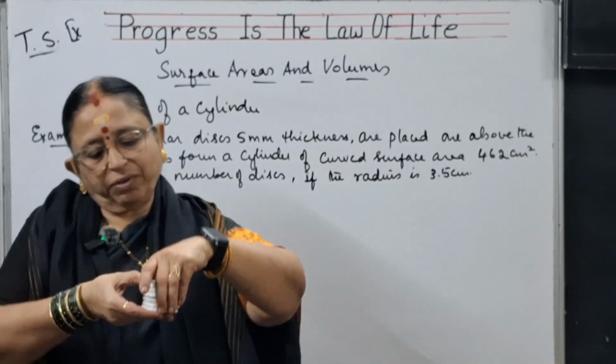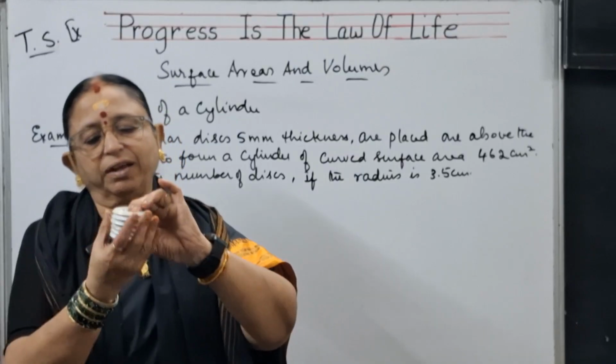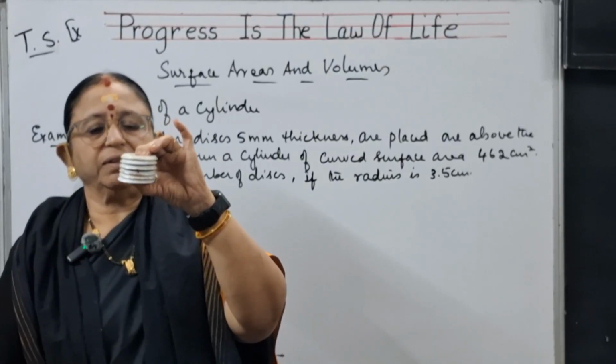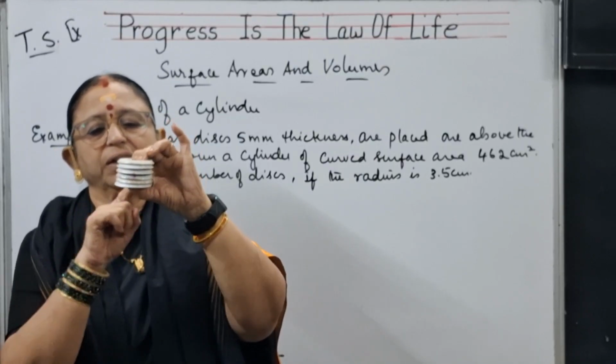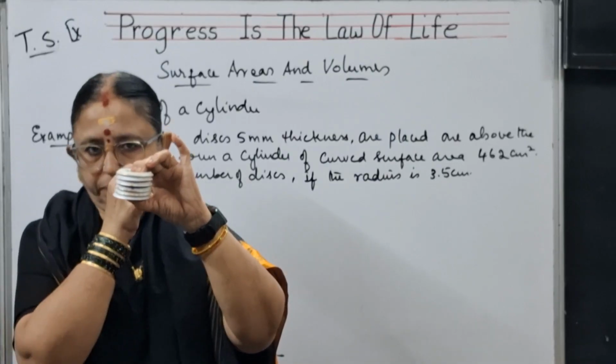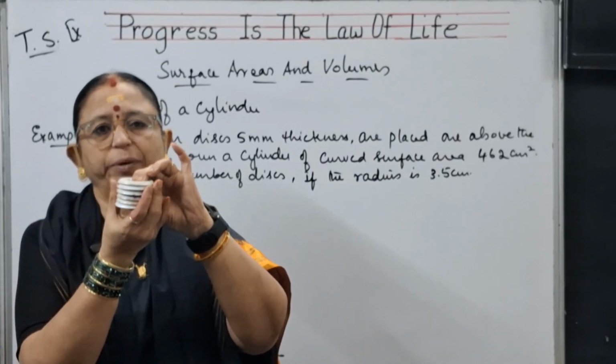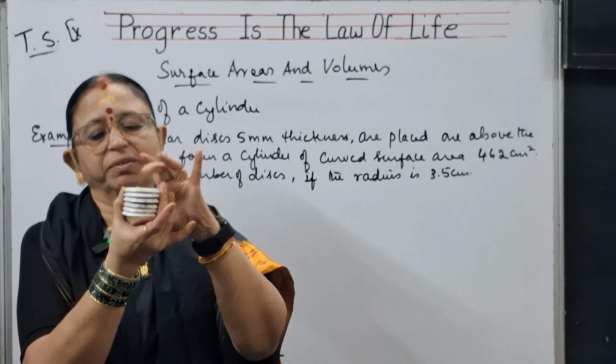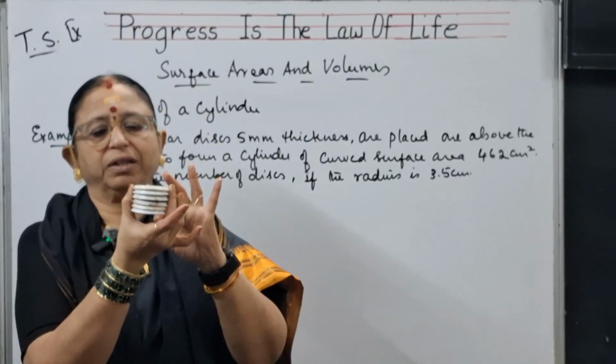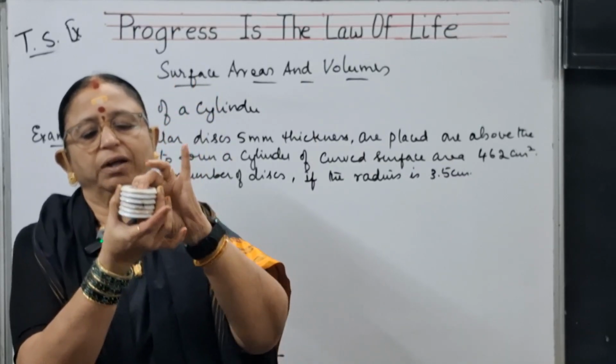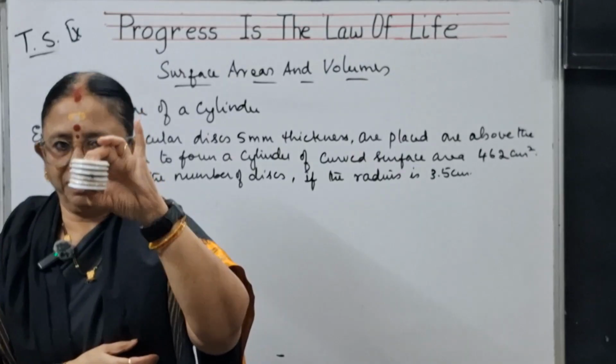See, if I place this many circular discs one above the other, see the shape, children. It is giving the shape of a cylinder. So like this, they have placed some circular discs one above the other to form a cylinder in this way.